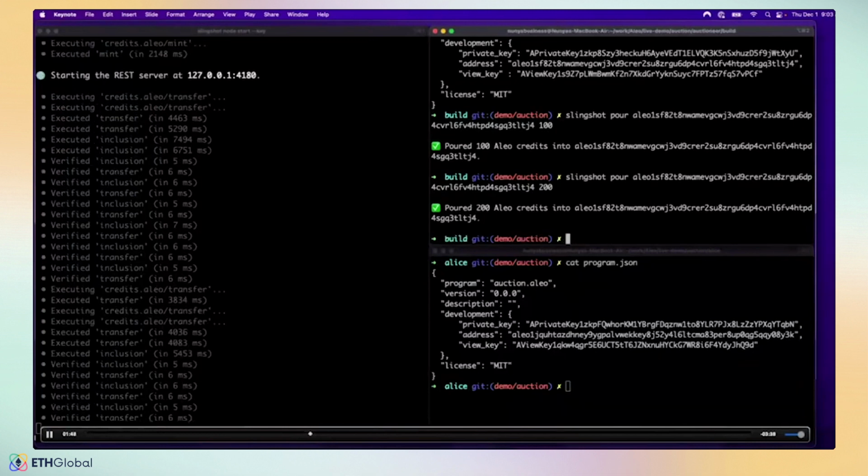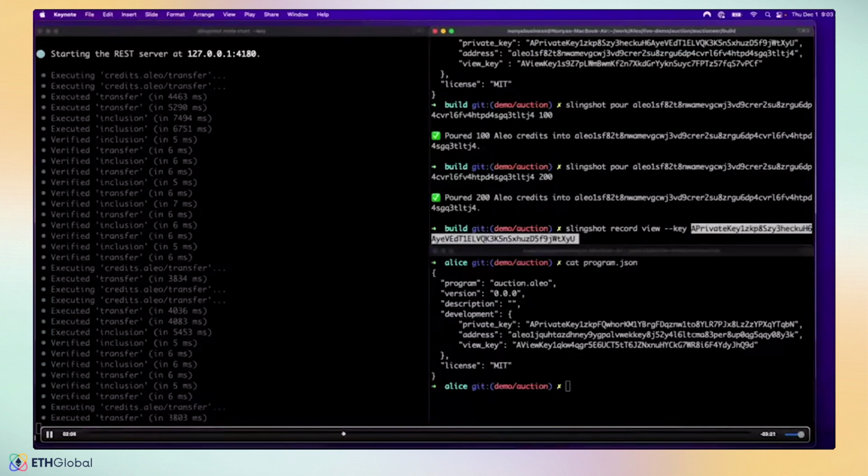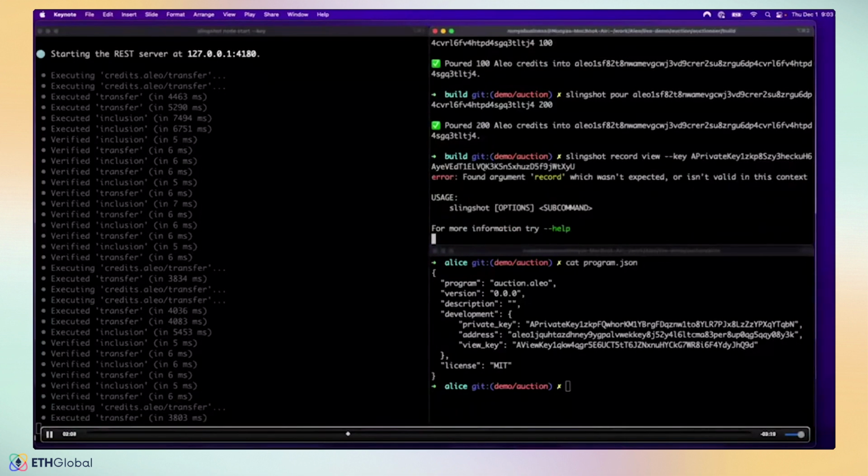So one thing you want to be able to do is query for the records that exist on chain. So here I'm going to attempt to query Slingshot, but I'm going to mess up the command, as you'll see. And I figure it out.